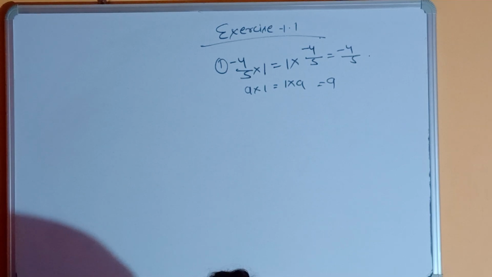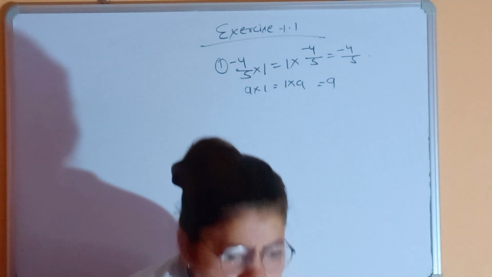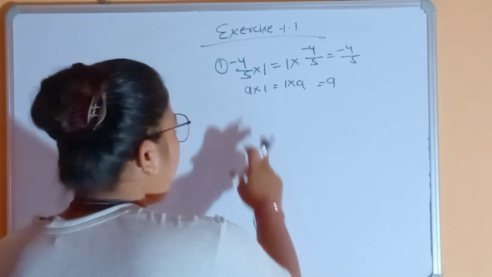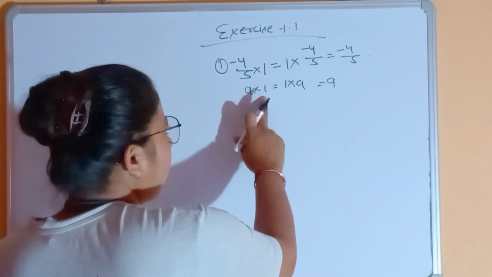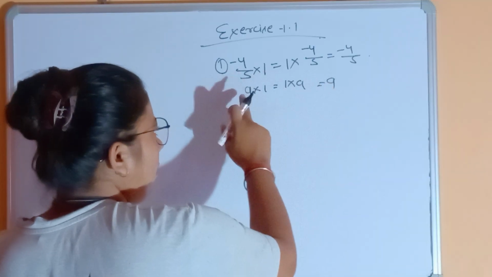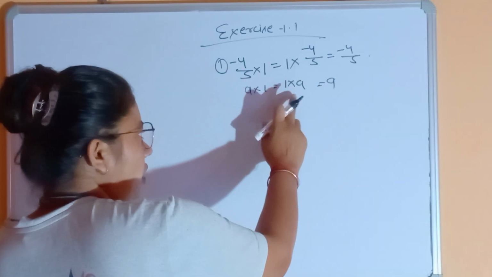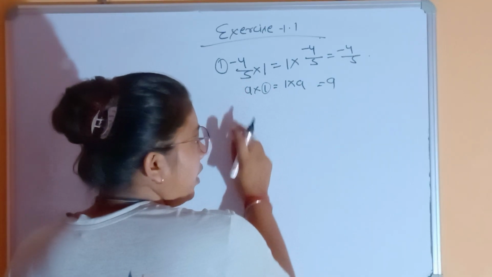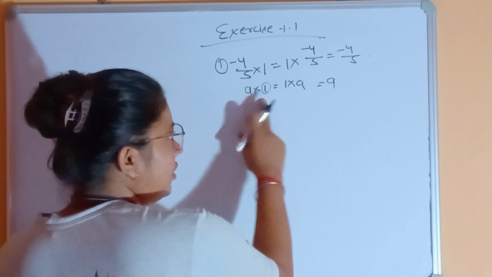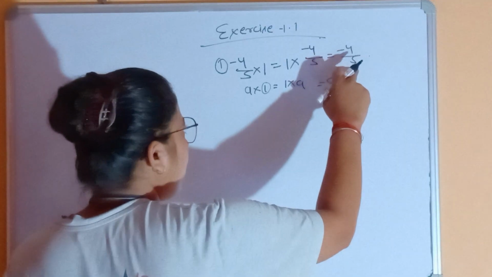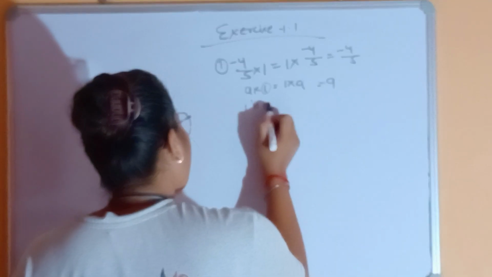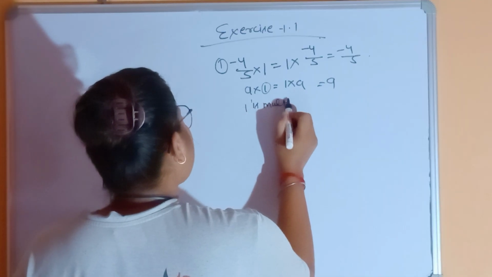So here one is the multiplicative identity, because when we multiply by one, the same answer comes. A into 1 and 1 into a is equal to a. So one is the identity, and the property used here is the multiplicative identity.